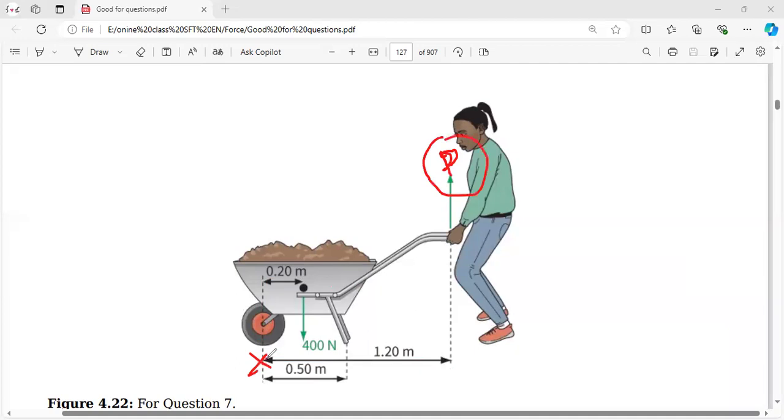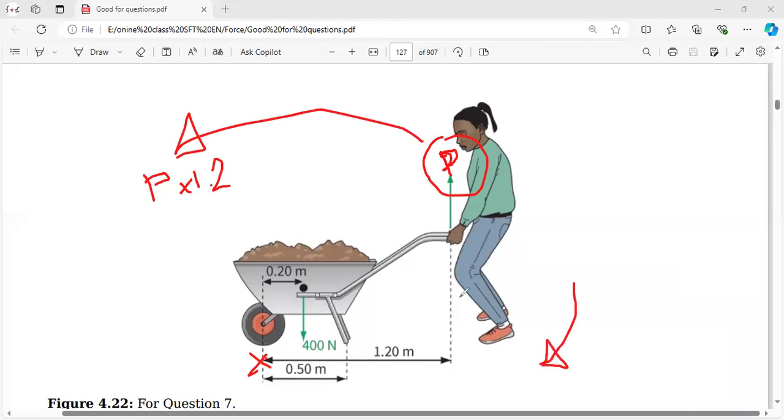P multiplied by the whole distance, 1.2, and the other one is the clockwise direction, this 400 newtons. So it is 400 multiplied by, from the pivot point, 0.2. That's it, right? 400 multiplied by 0.2 means it is 80.